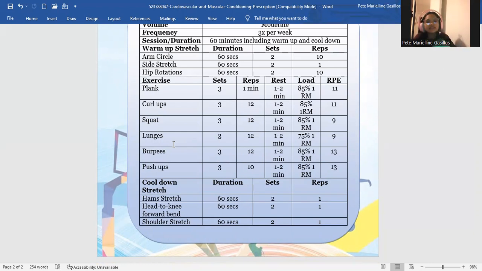So next is the head to knee forward bend, and then the shoulder stretch. It's 60 seconds each. The duration of my cool down stretch is 60 seconds, and I give it 2 sets and 1 rep.